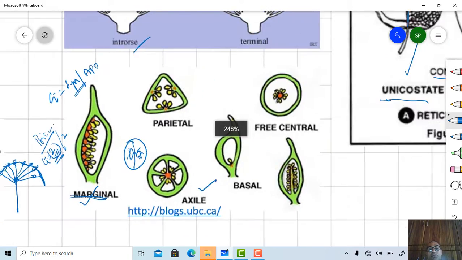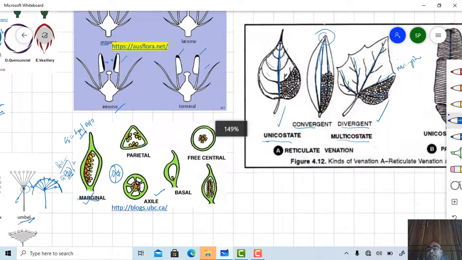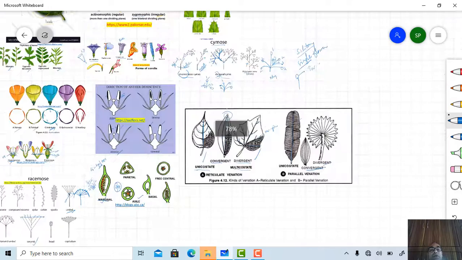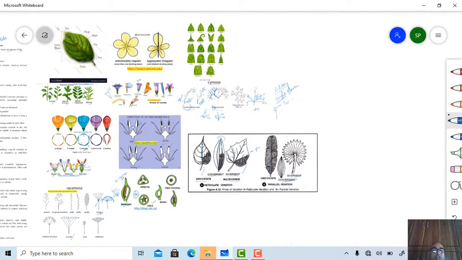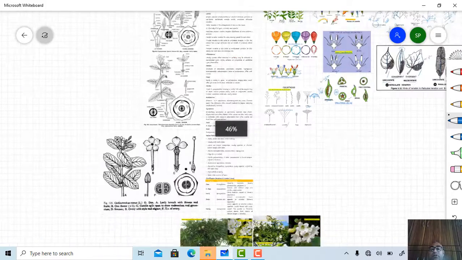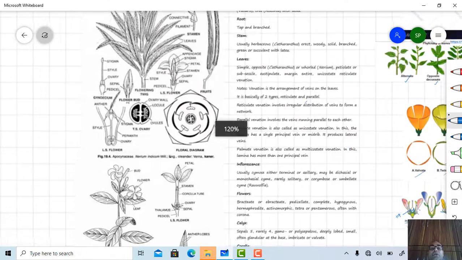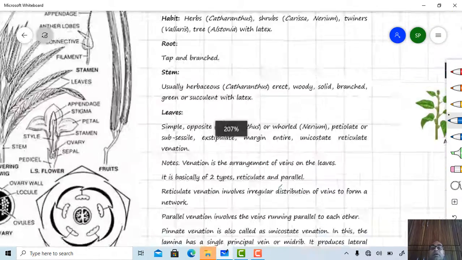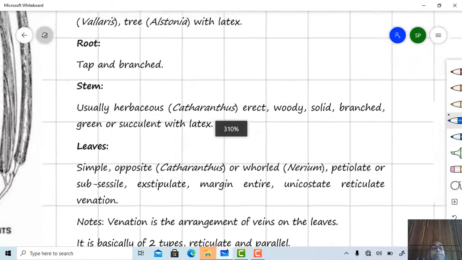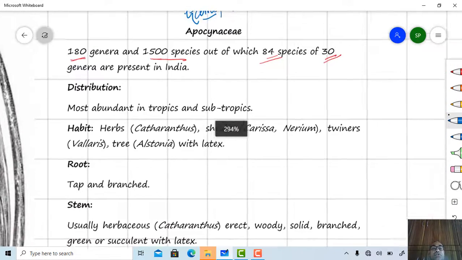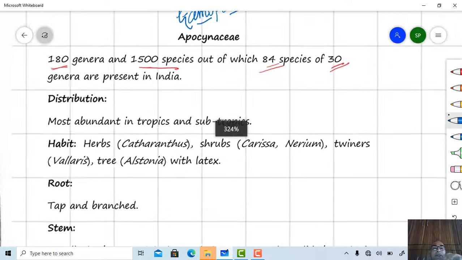A bichambered or two-chambered ovary will be present. So these are certain figures which are helpful to understand the family. So just see here the distribution of family Apocynaceae.